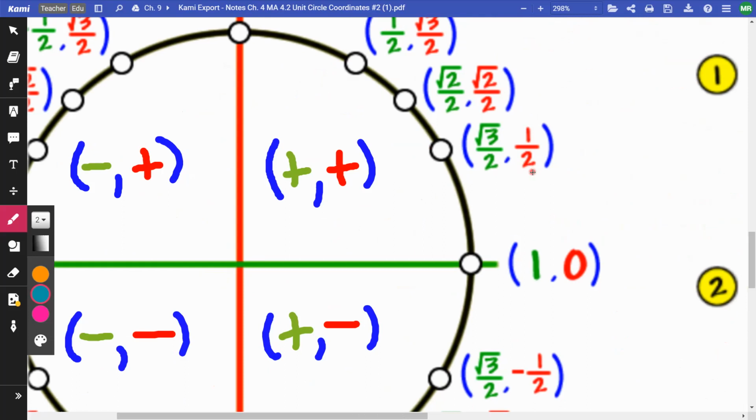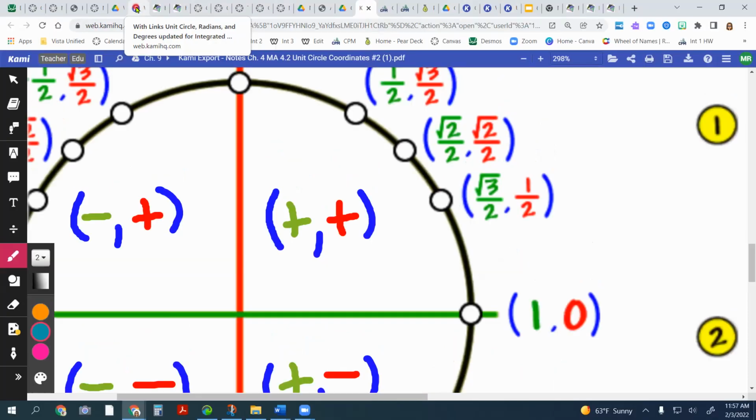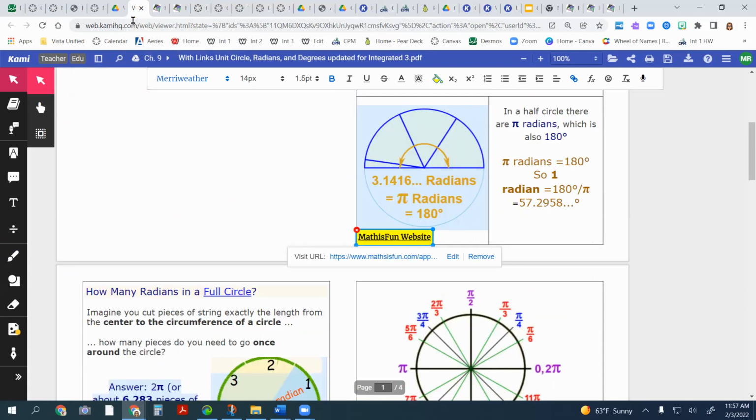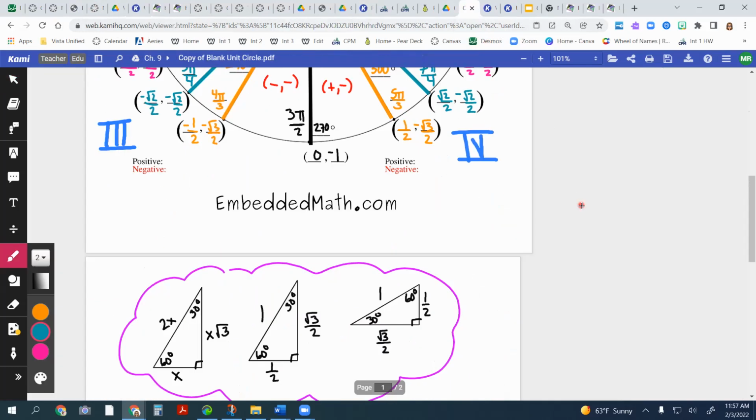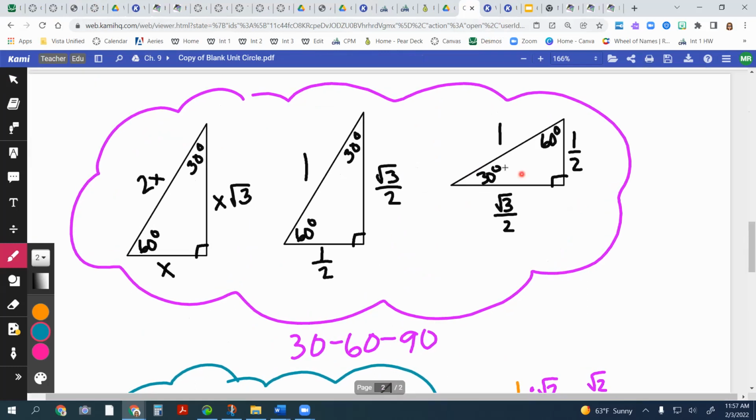If I put cosine of 30 degrees in my calculator, it's not going to give me a √3/2, it's going to give me a decimal. We're going to have to give the exact √3/2. So all of these are the cosines, all of these are the sines. And the reason that is, if I'm here at 30 degrees, cosine is adjacent over hypotenuse.